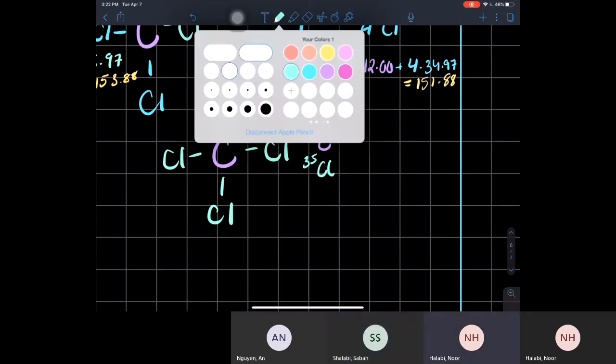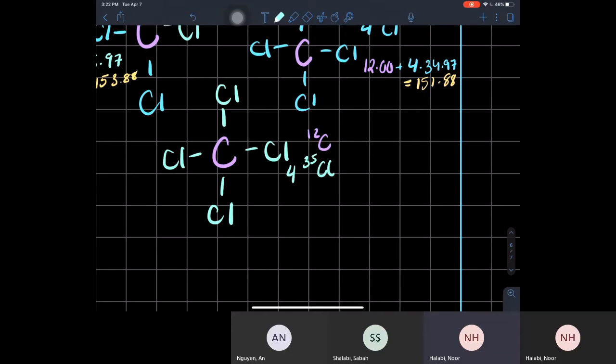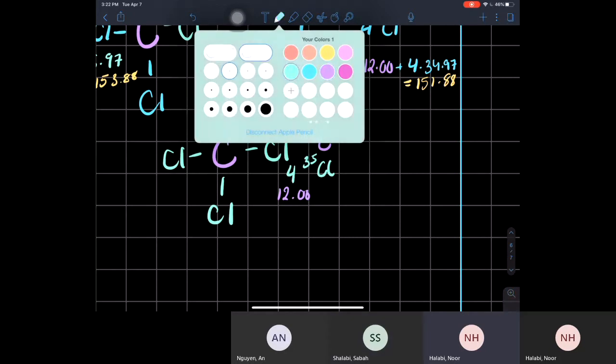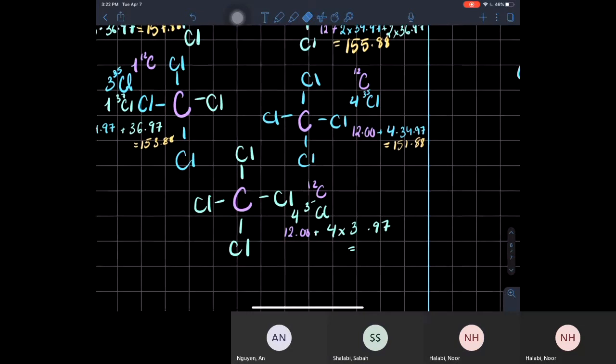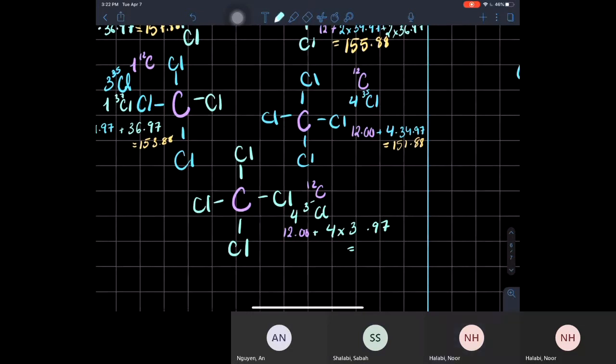Okay, so now we have four of them. So when we're doing the math, it'll just be 12.00 plus 4 times, oh, wait, I mean 36.97. This is 37.